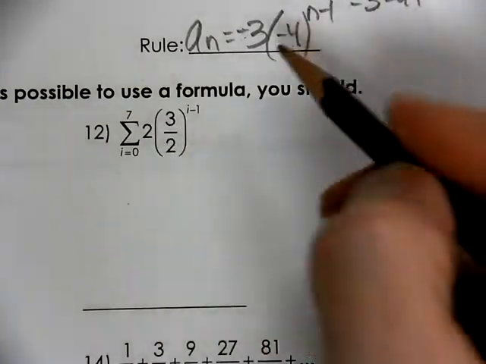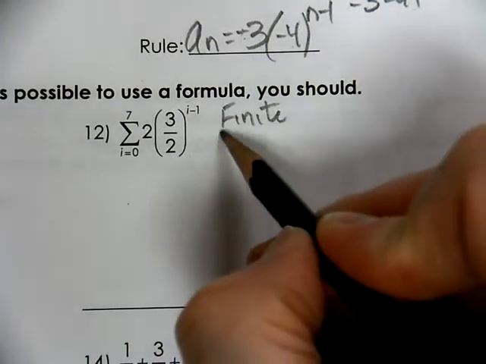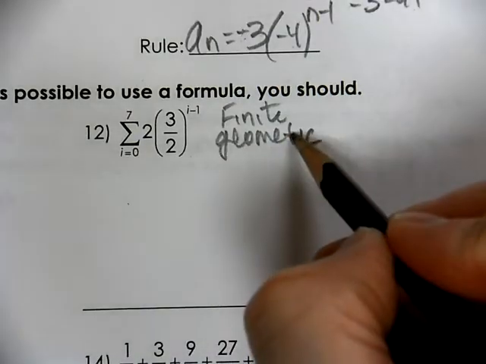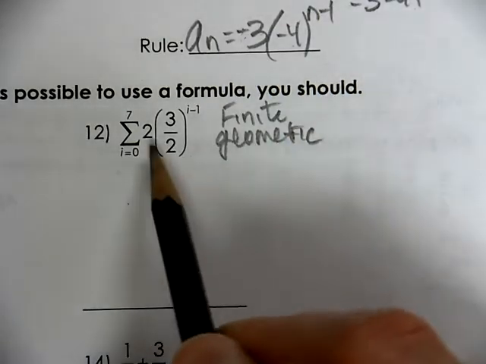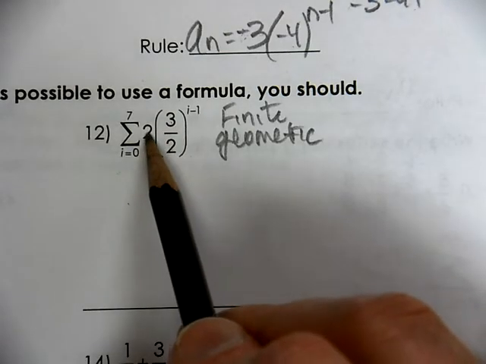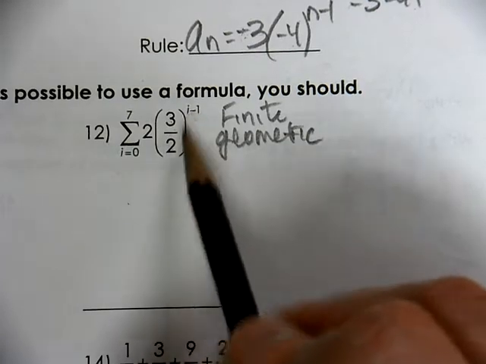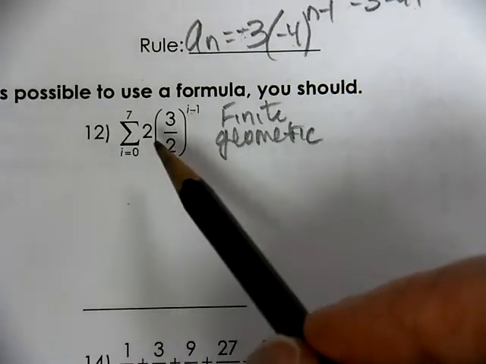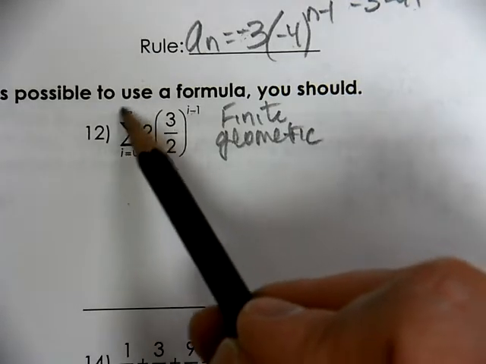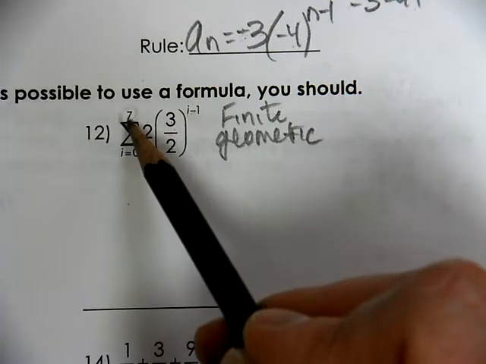This here is in a geometric format. It's finite. It is geometric because we have this ratio and a term raised to a power. Now notice this is not infinite because this term up here is not infinity.